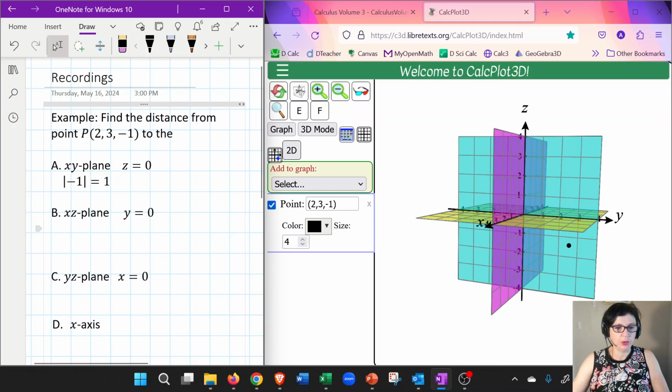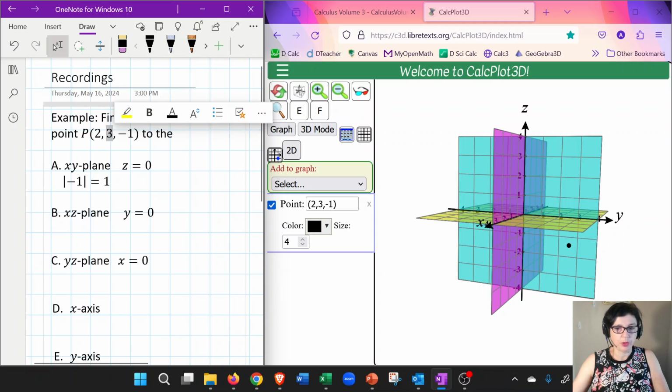Now, very similar to that, if I want to find the distance to the xz plane, I'm looking at the y coordinate of the point. To get to the xz plane, which is the magenta, I would have to travel 3, which should be pretty clear. I would have to travel the absolute value of 3, which is just equal to 3.